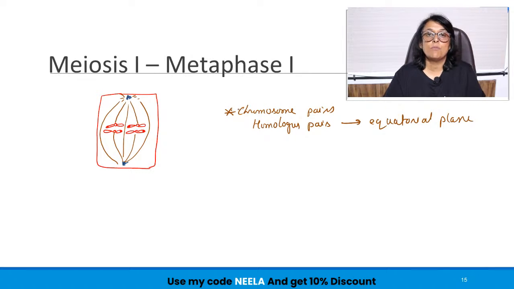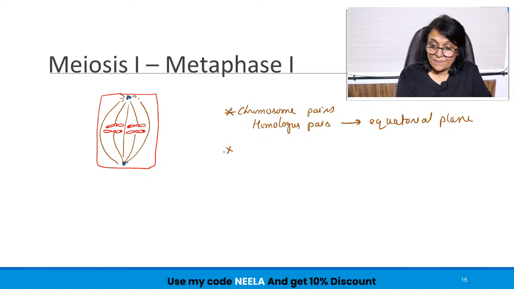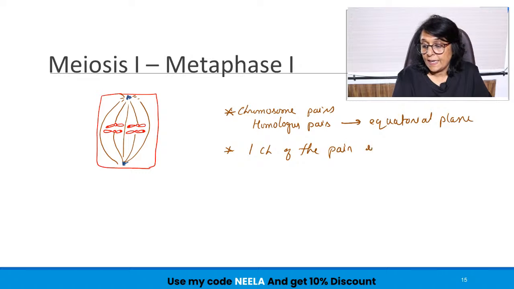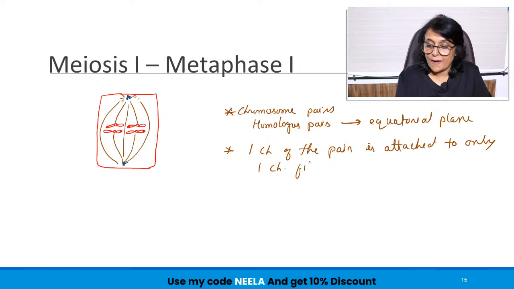Very, very important. And chromosomal spindle fiber from one pole is attached to only one chromosome. So one chromosome of the pair is attached to only one chromosomal fiber from one pole.